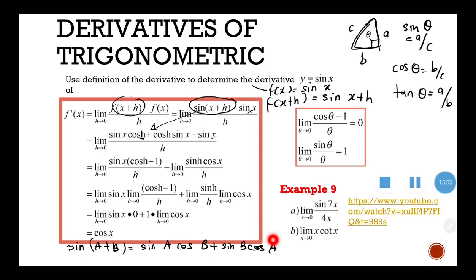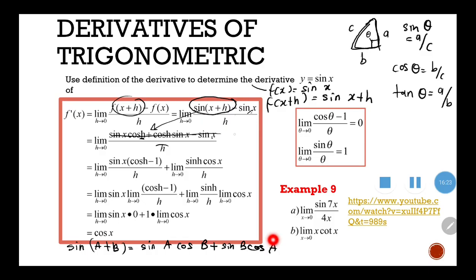So sin(x+h) is also, sin(A+B) equals sin A cos B plus sin B cos A. So let's rewrite it here. I'm just going to scratch this out.